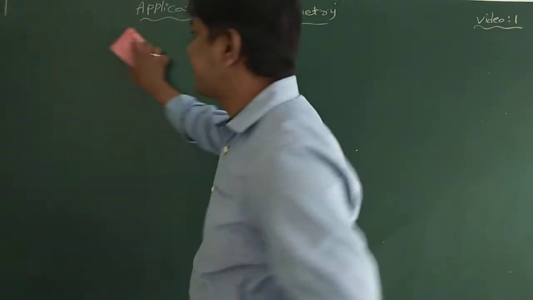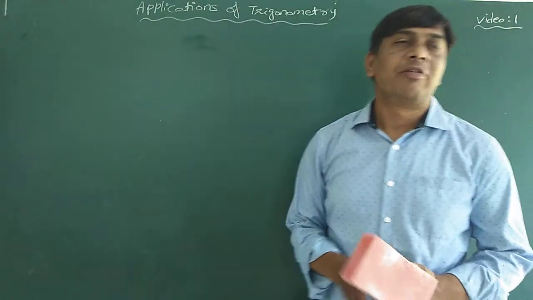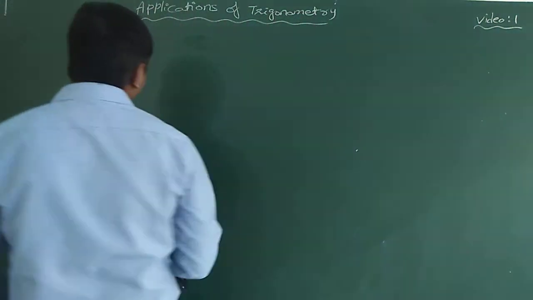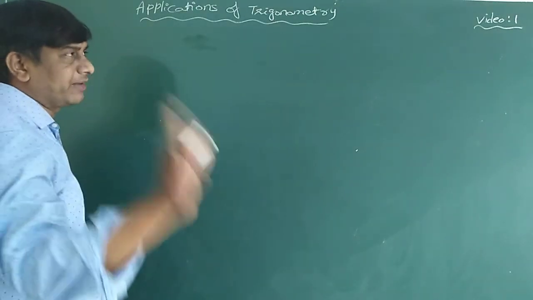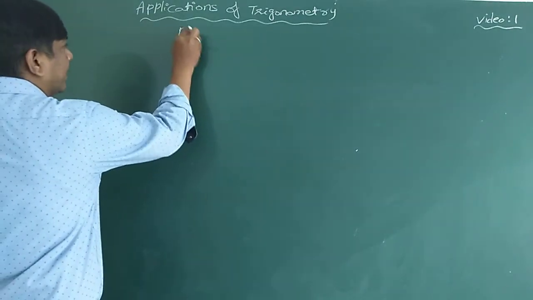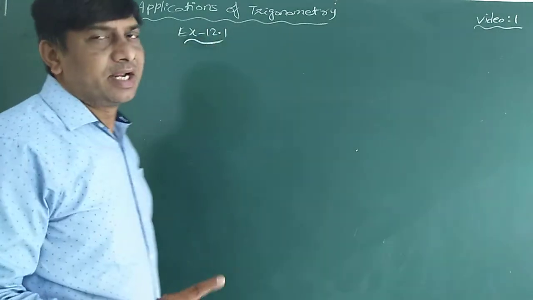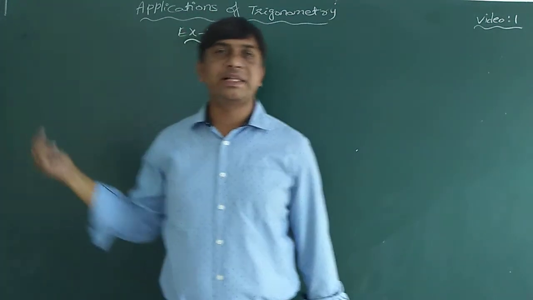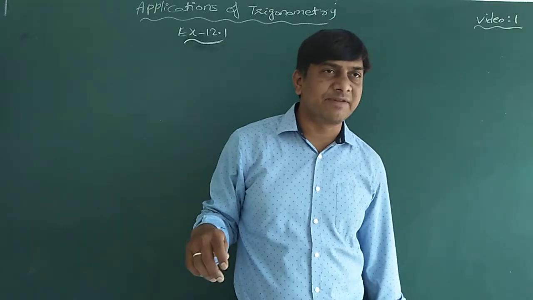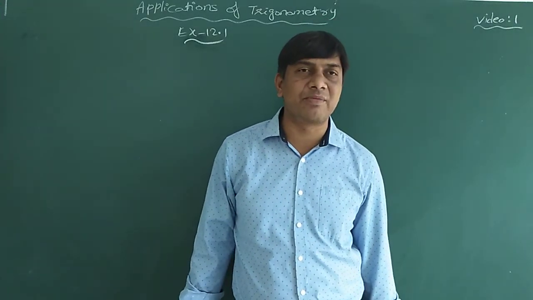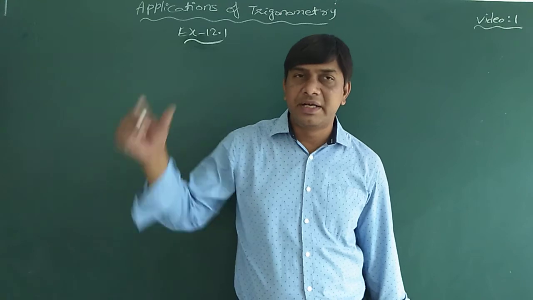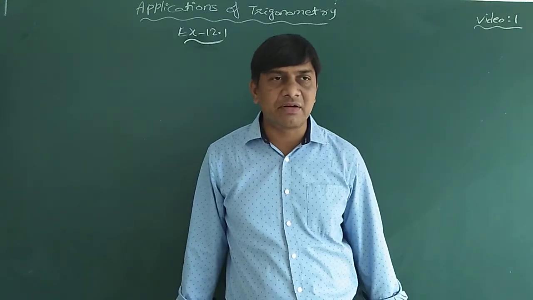In these applications of trigonometry, the topic is very easy if you draw the diagram perfectly. The diagram plays a very important role here. In 4-mark questions of applications of trigonometry, extract the data and draw the diagram according to the data.